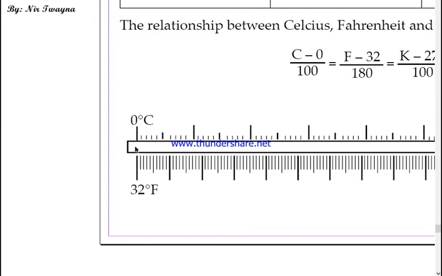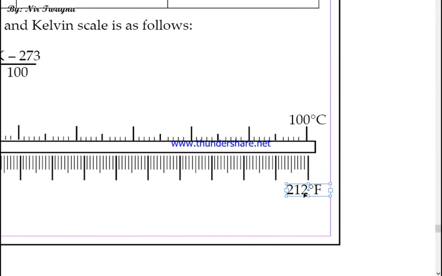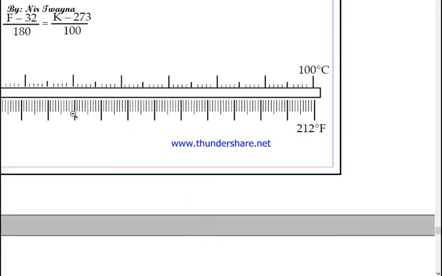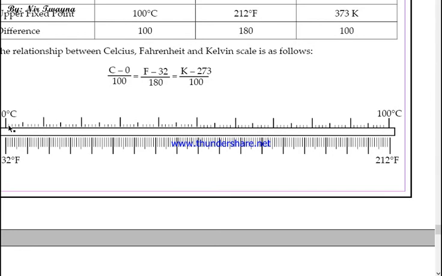Celsius starts from 0, Fahrenheit from 32 and ends at 212. The Celsius scale is divided into 100 parts and Fahrenheit scale is divided into 180 parts.